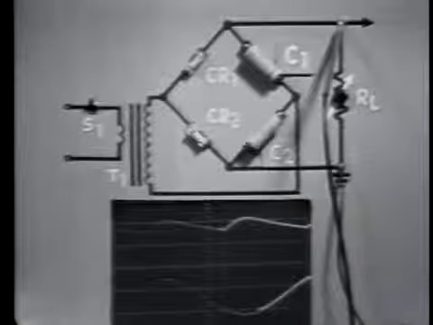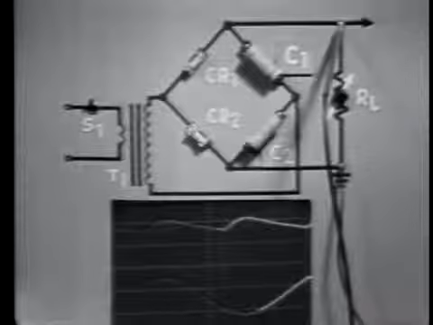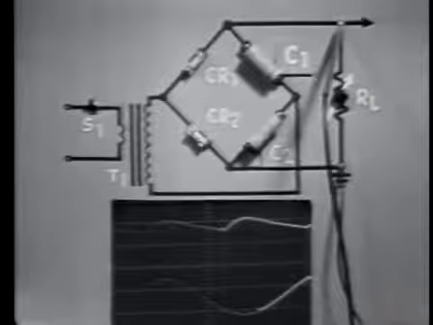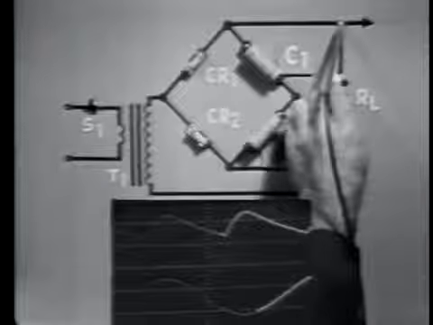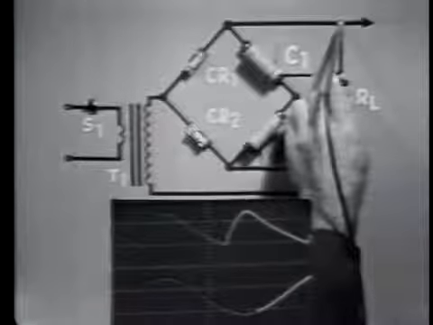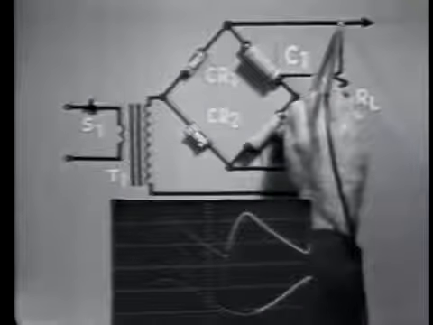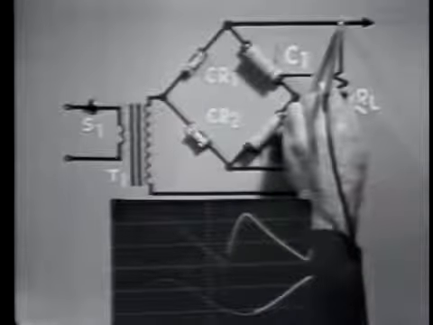Therefore, output voltage is maximum for this resistance, and output current would be minimum. Now, decreasing the value of resistance or increasing the load increases the current drain, and the average output voltage decreases.